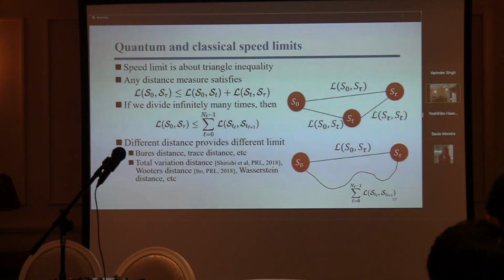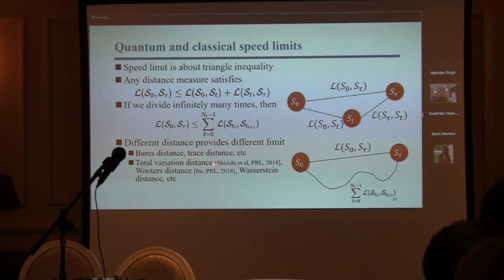For instance, suppose we are considering quantum dynamics, and if we use the Bures distance, then this relationship reduces to the geometric QSL. And for the case of a classical system, when we employ the total variation distance and probability distribution for S, this reduces to the bound found in this one.